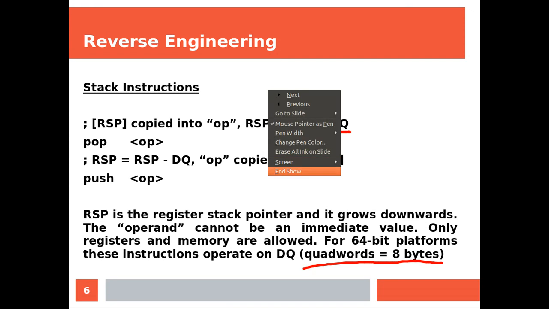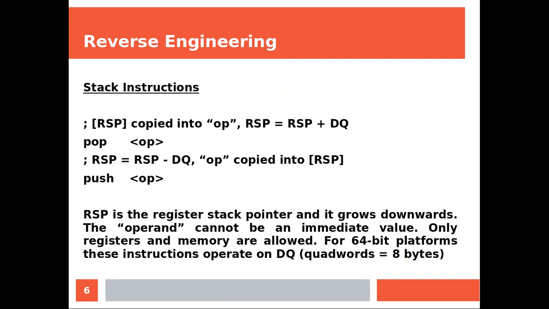And every time you are pushing an element into the stack, you're going to decrease the value of your pointer by 8 bytes, a quad word, so that you're always going to be pointing at the next free slot.